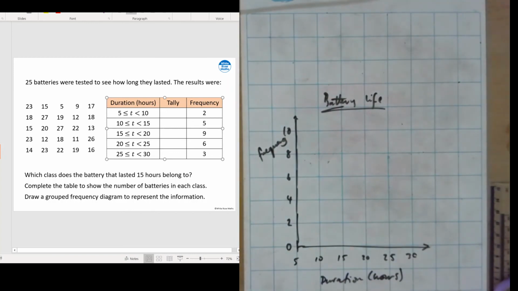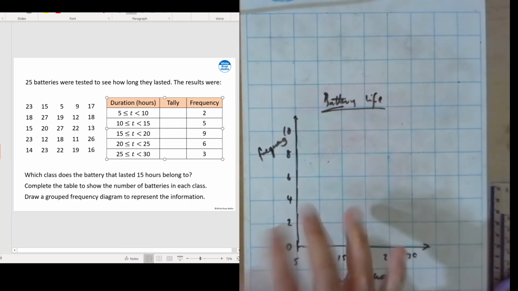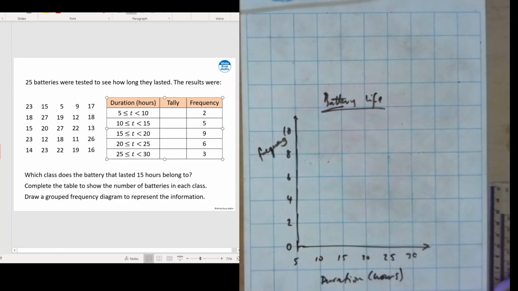Okay, so in regards to the grouped frequency diagram, you will probably think it's very similar to a chart you've done a couple of weeks back. So I've got my duration in hours across the bottom, and then I've got my frequency on the side, which is pretty typical by this point for you guys.